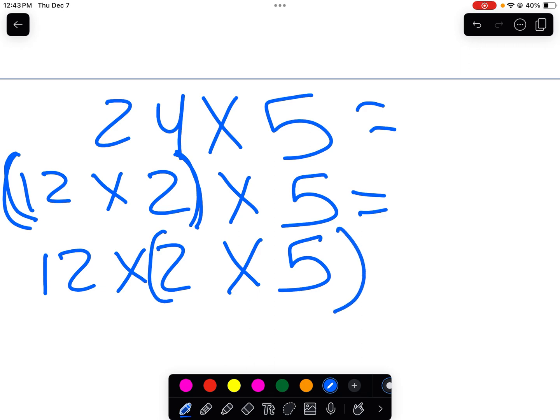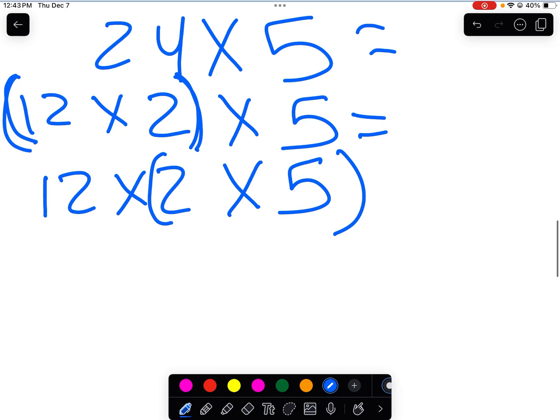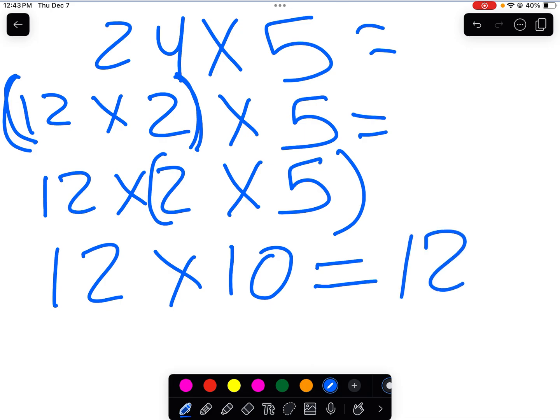Well, we can move those parentheses over, because it doesn't matter with multiplication which order you do it in, as long as there are no other operations like addition or subtraction involved. You may learn that later. And look, so 12 times 2 times 5 is the same as 12 times, 2 times 5, which is 10. And so we have 120.